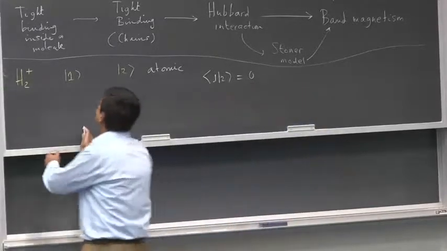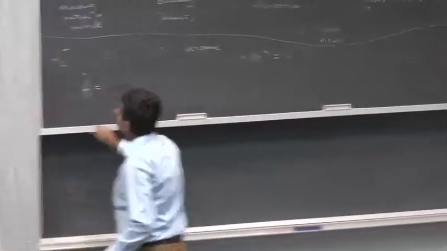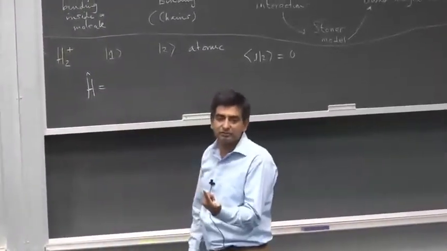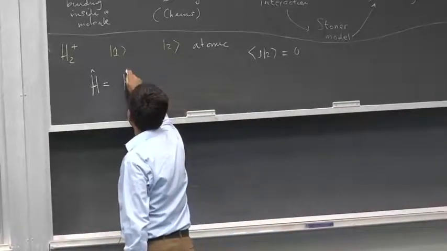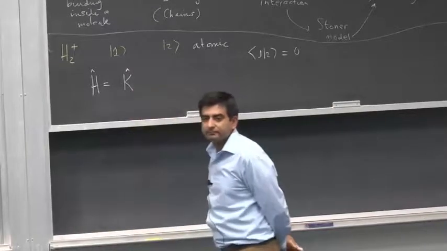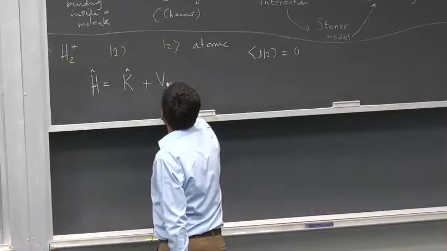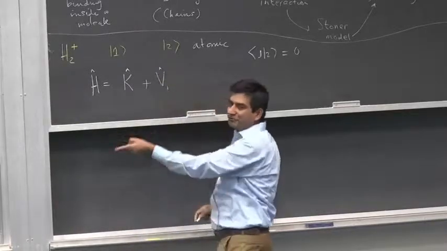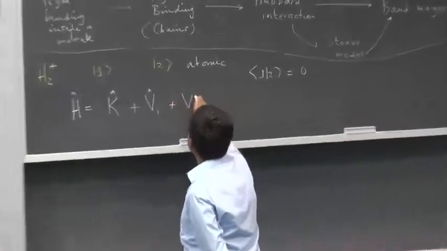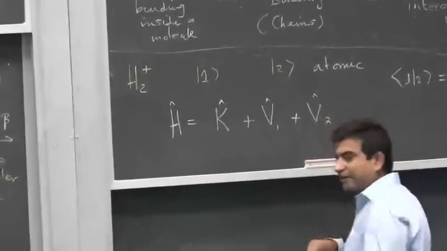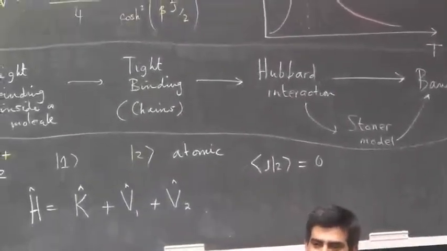Now we can also write down the Hamiltonian for the system. The Hamiltonian for the system, for 1 electron, is a kinetic energy term, plus a potential energy term of the electron interacting with nucleus 1, plus a potential energy term of the electron interacting with the second nucleus.